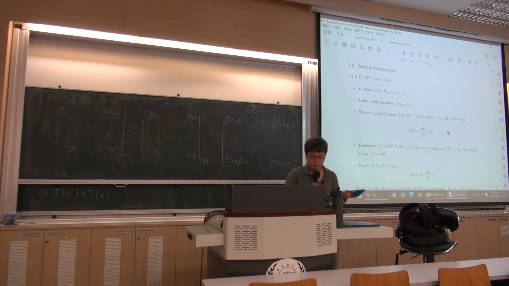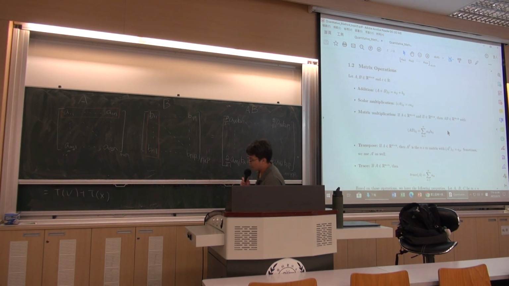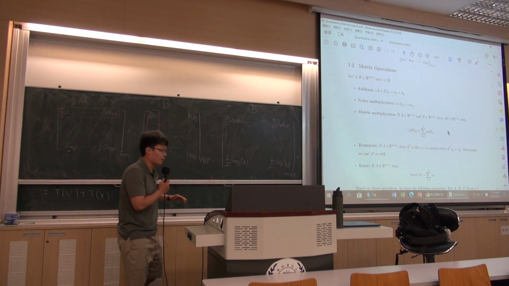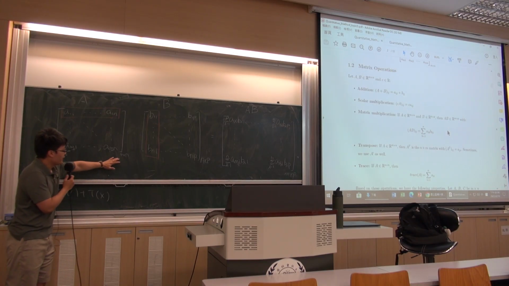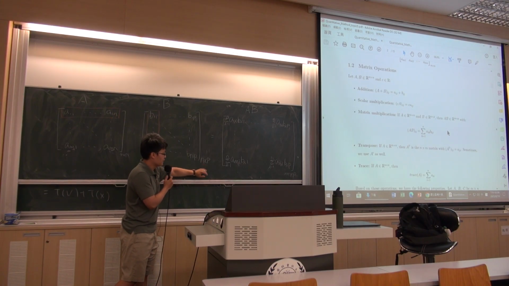Okay, so this is how you do the matrix multiplication. Say that we have two matrices. Now focus on the dimensions. The matrix A is m by n, and the matrix B is n by p here.